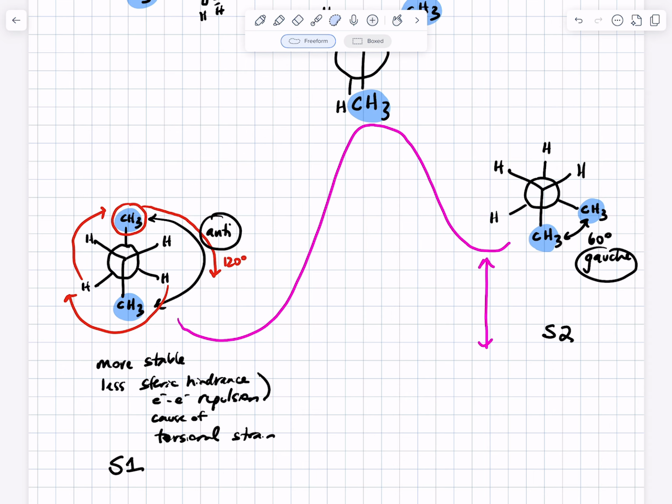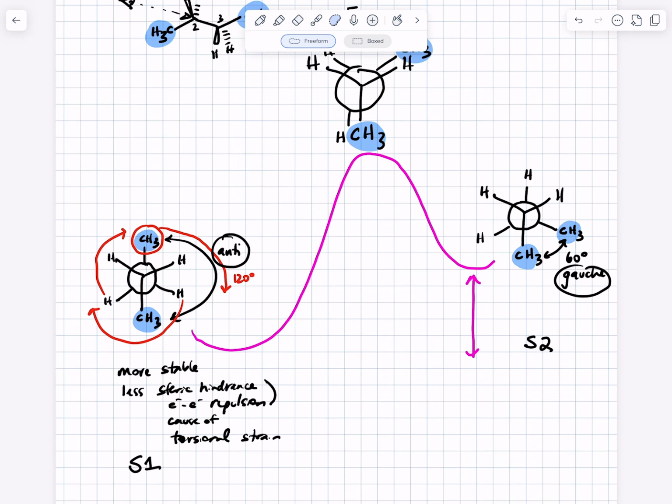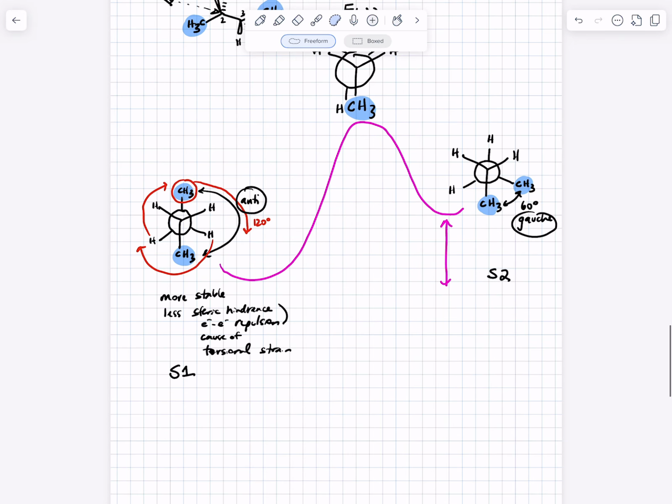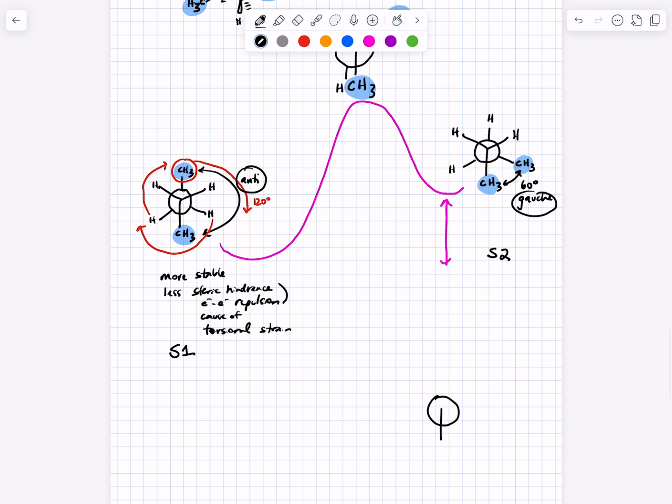Now, I want you to make a prediction here. Presumably, there is a staggered 3 conformation, which looks like this, where the methyl group in the back is now on the left-hand side of the methyl group in the front.